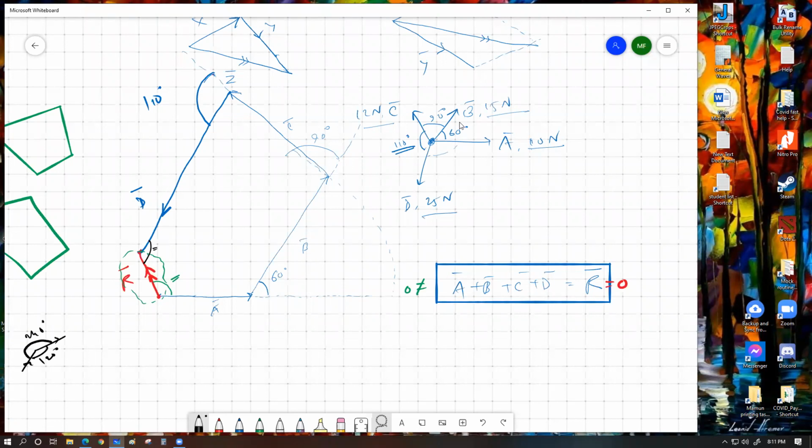Typically, one of the easiest ways while drawing a vector diagram is to prefer to draw your vector diagram in the same direction it is given in the question. For example, in this case, A is given horizontally to the right, B is given horizontally upward right, C is given upward left, and D is given downward left. So if you stick to that direction, most of your angles will work out.